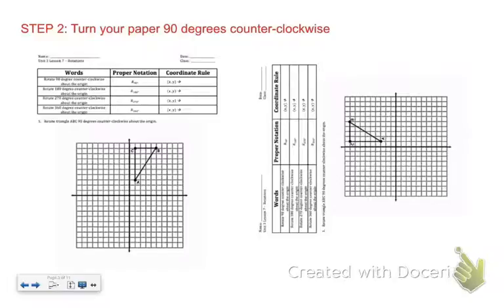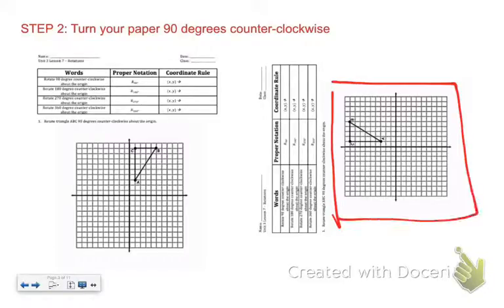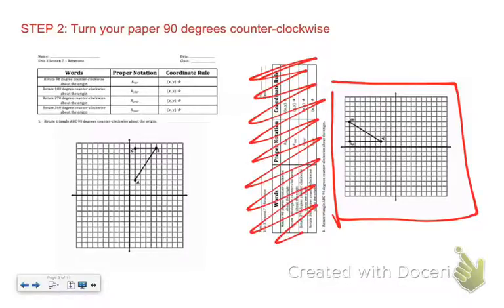So what's really cool about what happens when we turn our paper, the way that you have to think about the coordinate plane that you are looking at is that it's right side up. So ignore everything else on your handout. Pretend that this table here isn't even there. And this is your new x-axis, and this is your new y-axis. So we're imagining that even after turning our paper, the coordinate plane is right side up.